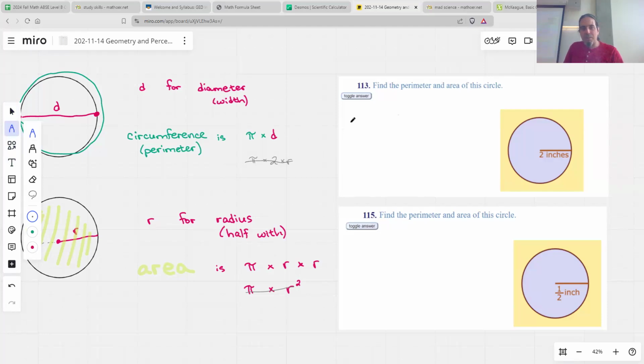So for the top one, if halfway across that first circle is 2, what's all the way across them? 4. Yeah.